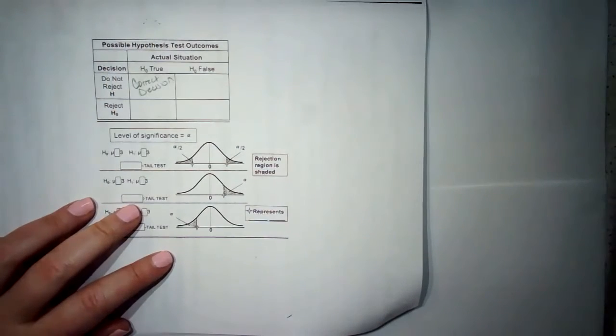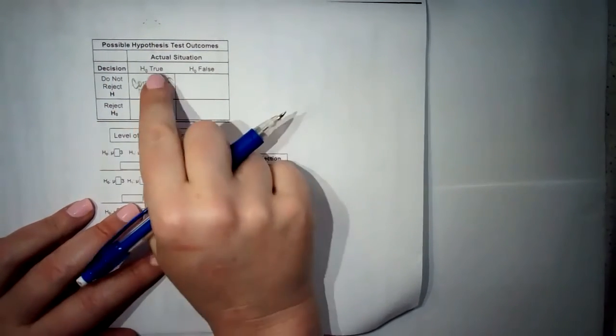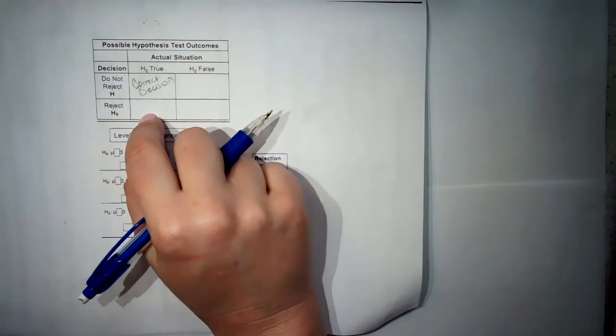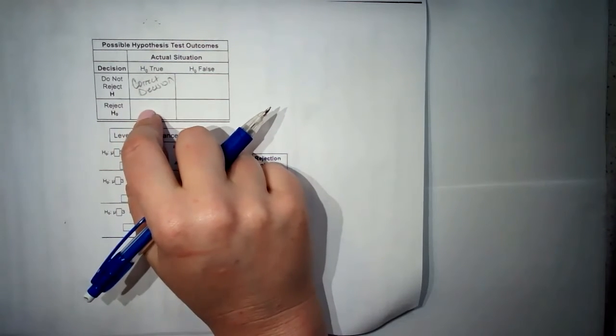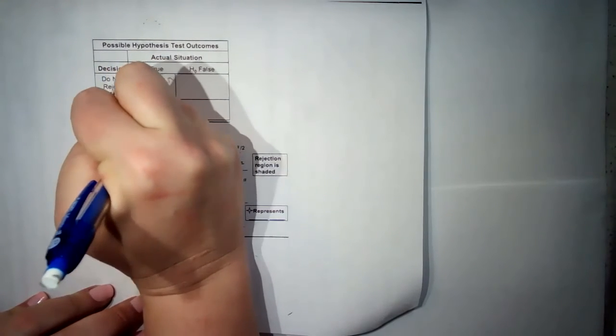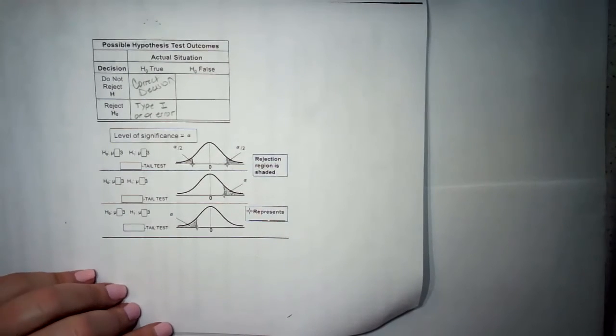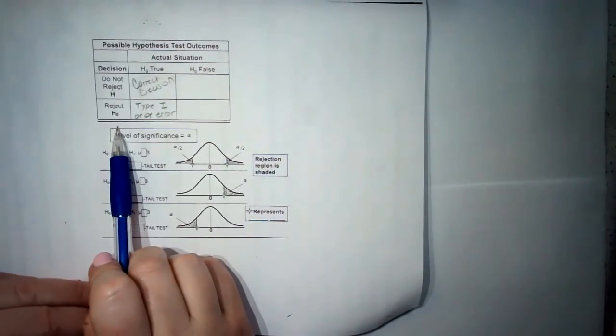Okay, nice job. Now let's say the null was true, but you rejected it. What kind of error is that? That's a type 1 or an alpha error. So Wiley's going to give you scenarios like that. They're going to say your null was true, but you chose to reject it.